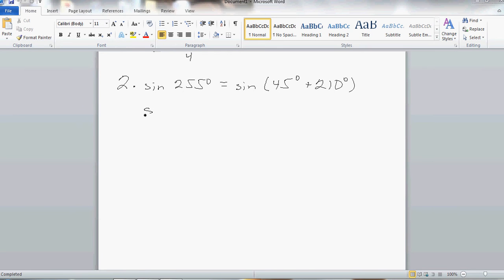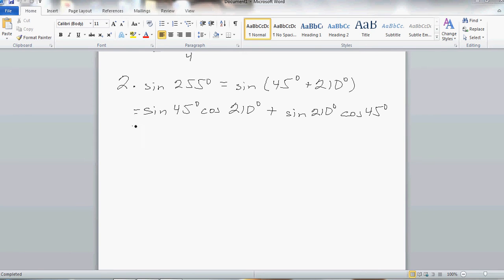And so this becomes the sine of 45 degrees cosine of 210 degrees plus the sine of 210 degrees cosine of 45 degrees.